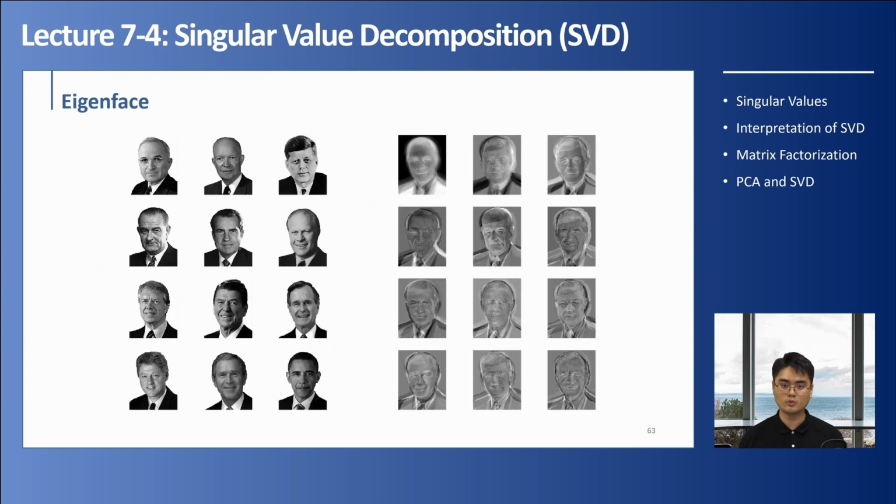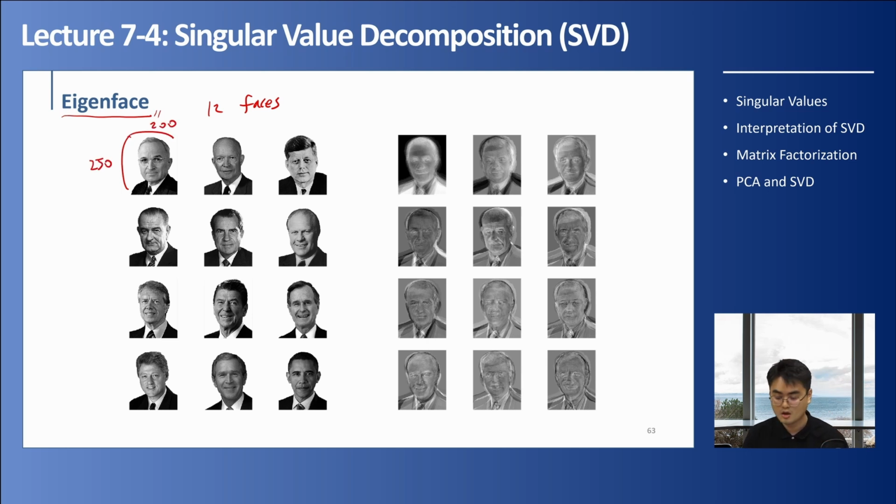Also, we can look at a very interesting example called eigenface, where we extract the important modes included in the faces of US presidents. Let's say that we have 12 faces here, and each face has a pixel size of 250 times 200.